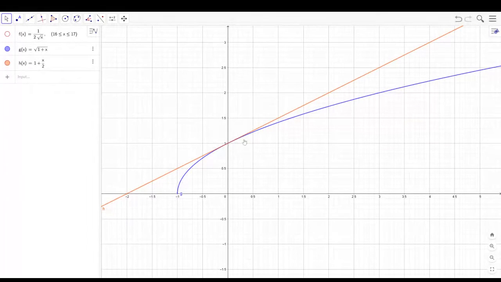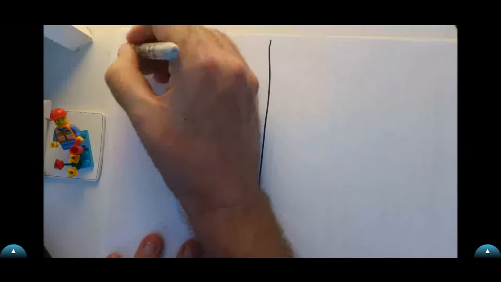I'm not sure if the blue line goes above there, but we're only interested in the case when x is positive. So let's see how we can prove this using just our regular inequalities. And I think the way they want you to do it is to use the mean value theorem.